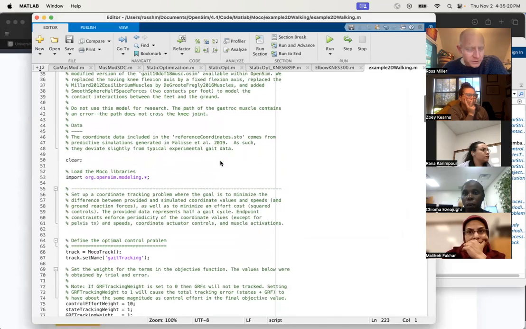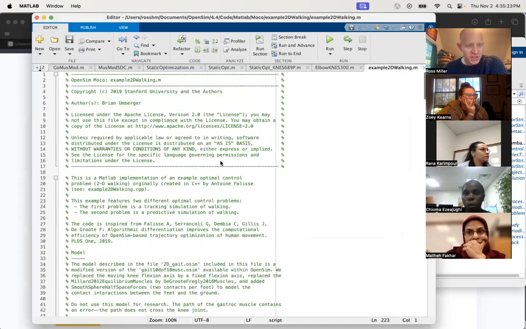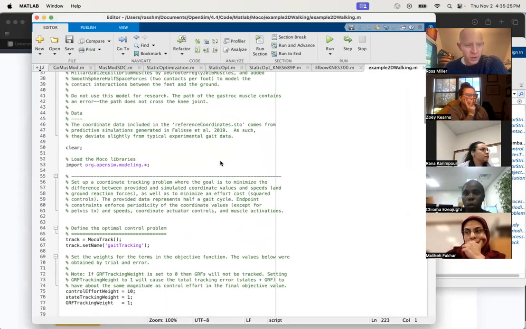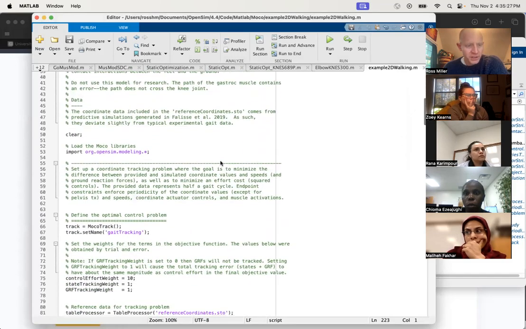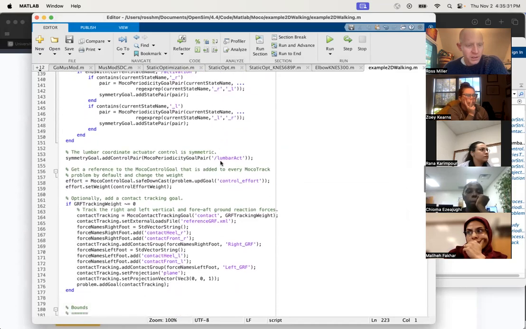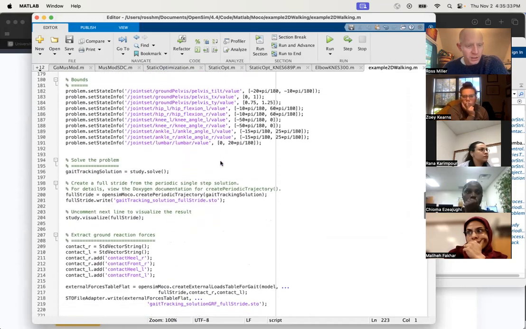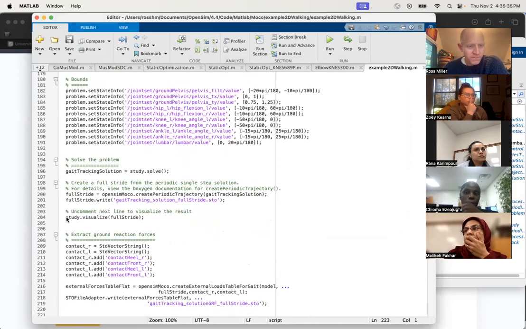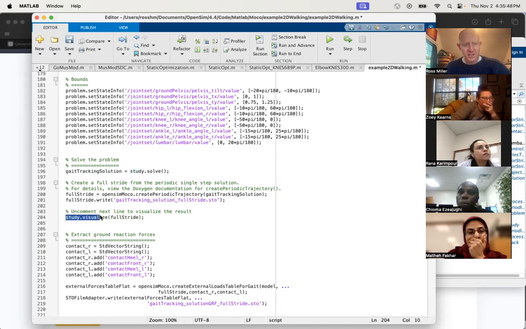Okay. Now, before you run this, there's a couple changes that you want to make to the code. Scroll down a little bit here. On line 204, by default, that line is probably commented out, and you want to undo that comment and have it say the study.visualize command.